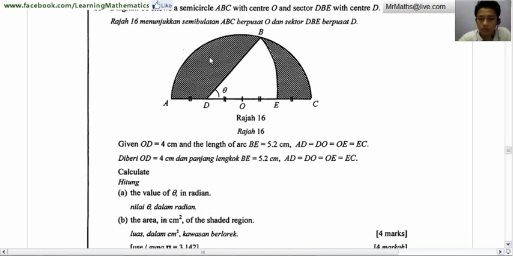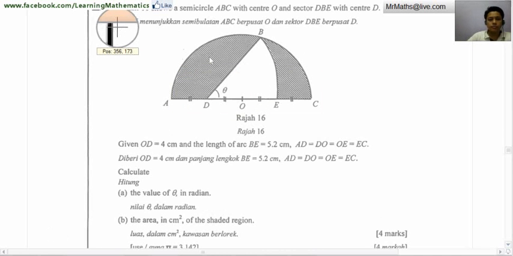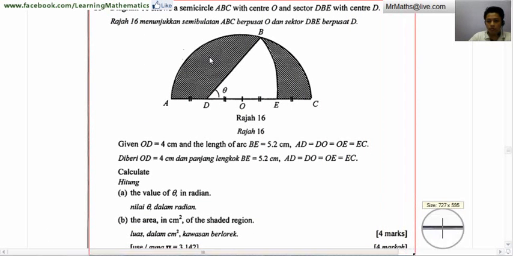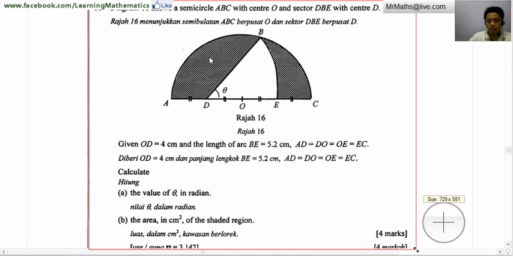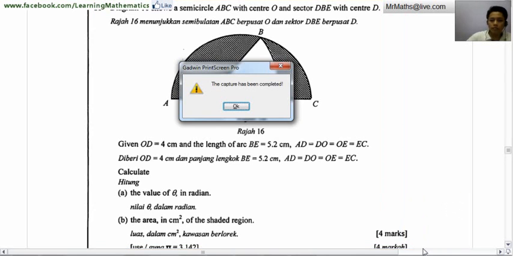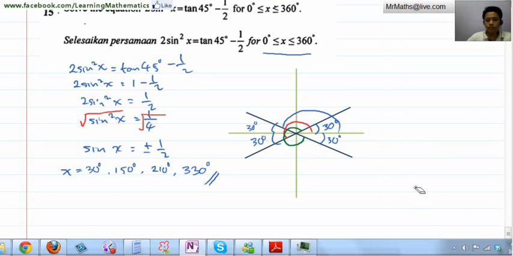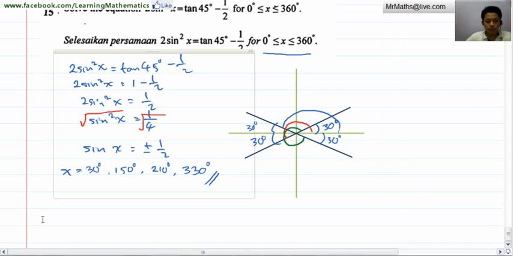Control print screen. Yeah, let's put it here.